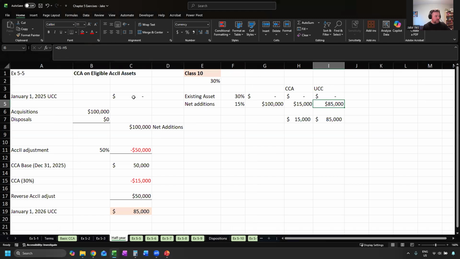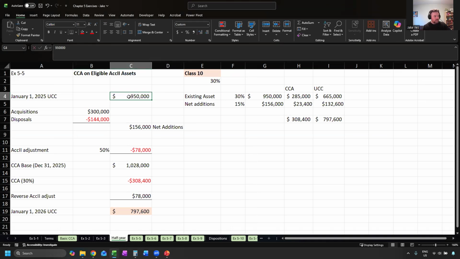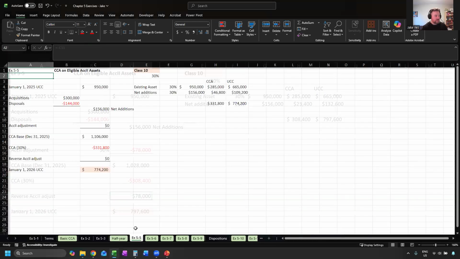Under the usual rules, we had 950,000, we bought 300,000, we sold 144,000. Under this rule, the half-year rule would have subtracted half, 78,000. We would have taken CCA, and then we would have added back the 78,000. But right now, our accelerated incentive is sort of undoing the half-year rule.